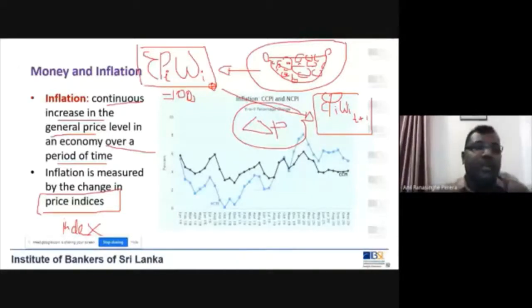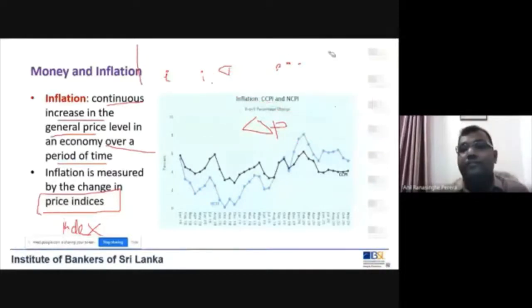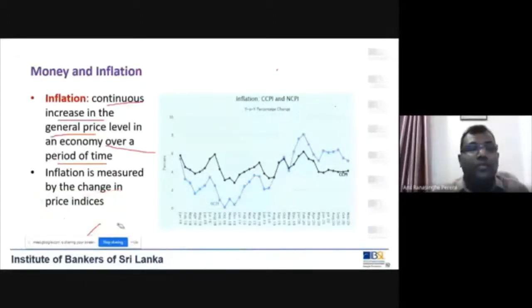So in Sri Lanka, to do this, we have two major indices used. So what are these two indices we have in Sri Lanka?